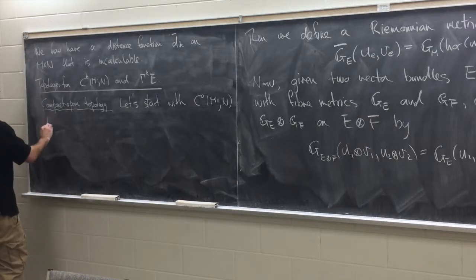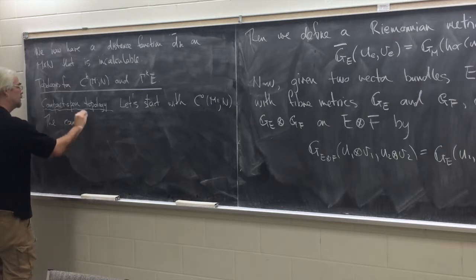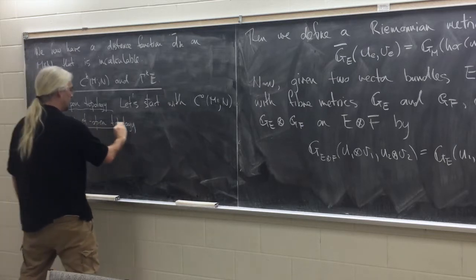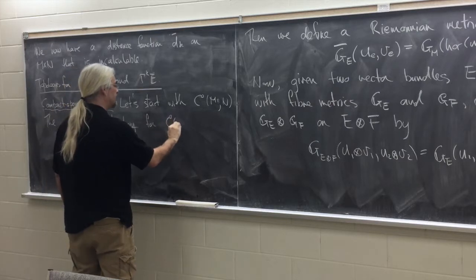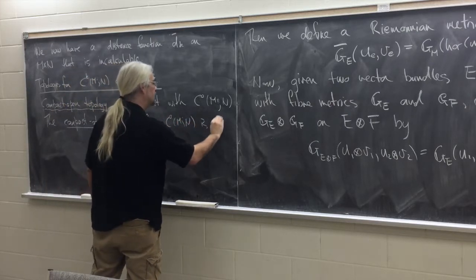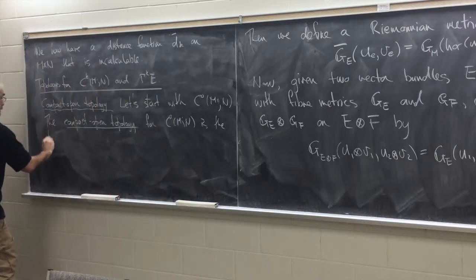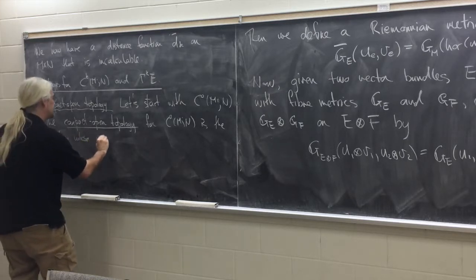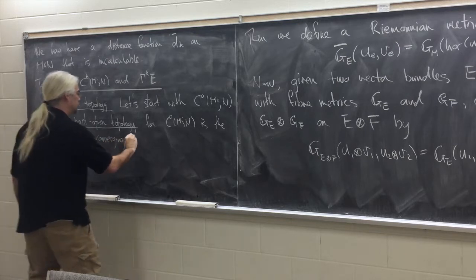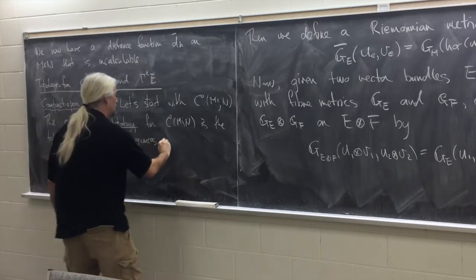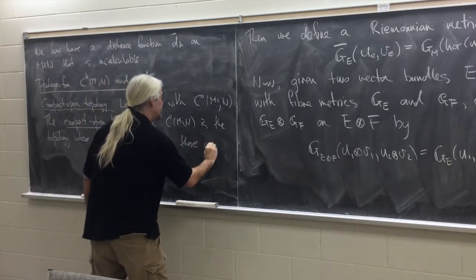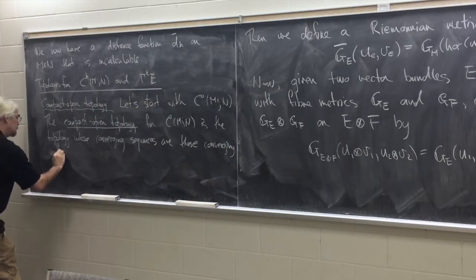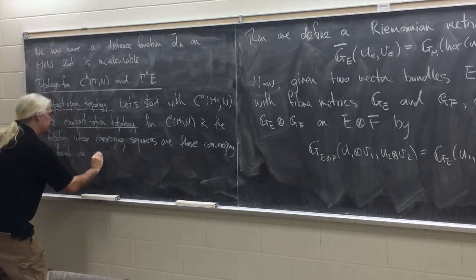So the compact open topology for C^0(M, N) is the topology whose converging sequences are those converging uniformly on compact sets.